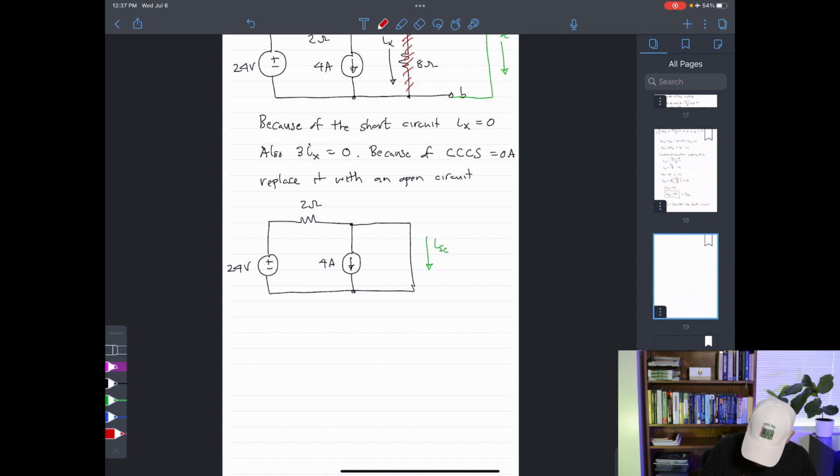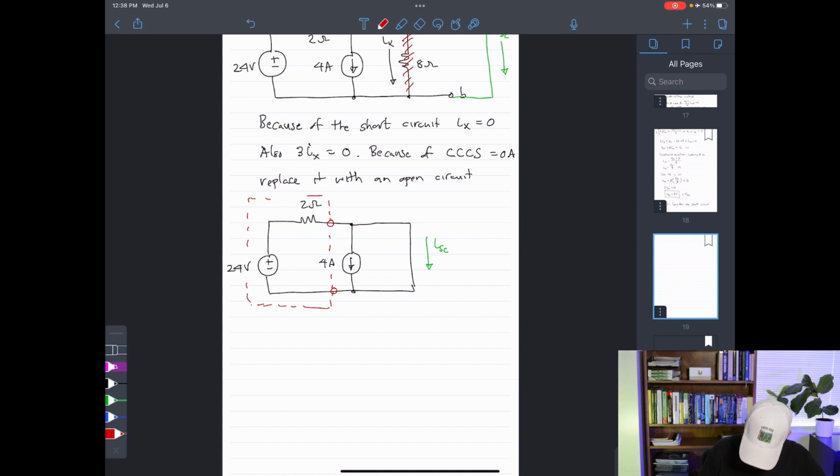Now, I'm going to take a look at these 2 nodes here. Notice that I have a voltage source that happens to be in series with a resistor. So this is a perfect candidate to do a source transformation.